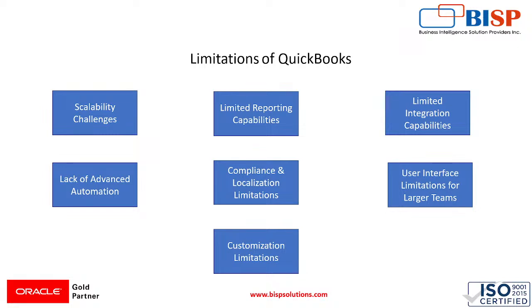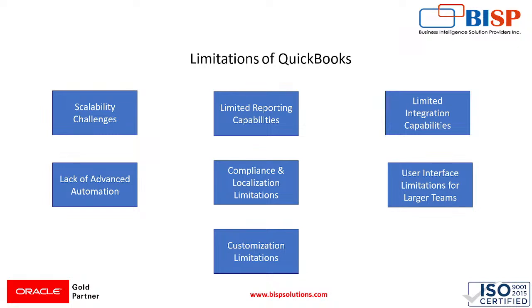Again, the next thing is compliance and localization limitations. QuickBooks can handle some tax rules or multi-currency operations, but it lacks support for global compliances. It cannot support multiple DTA features.